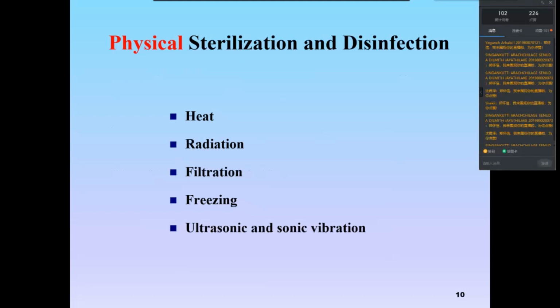Or you can also use ultrasonic or sonic vibration to destroy bacteria. And later we'll talk about these procedures one by one in detail. First, we'll learn the method of heat. So you can raise the temperature, so that's the heat. To raise the temperature, you can use different methods.